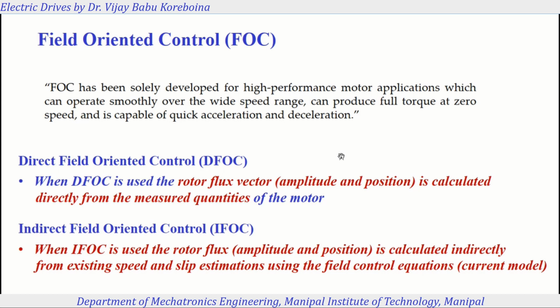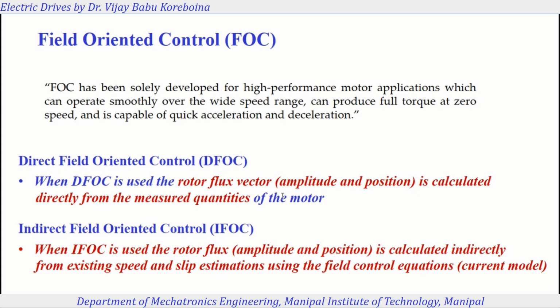In this also there are two types: one is direct field oriented control and another one is indirect field oriented control. Direct field oriented control uses the rotor flux vector. As I told you, the rotor flux vector amplitude and position are calculated directly from measured quantities. VABC and IABC are the variable quantities that are measured. From that you directly estimate the amplitude and the position of the rotor flux.